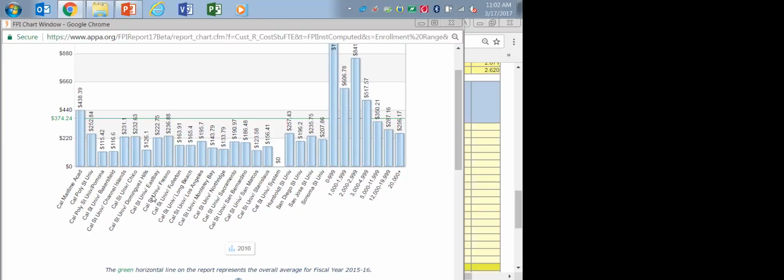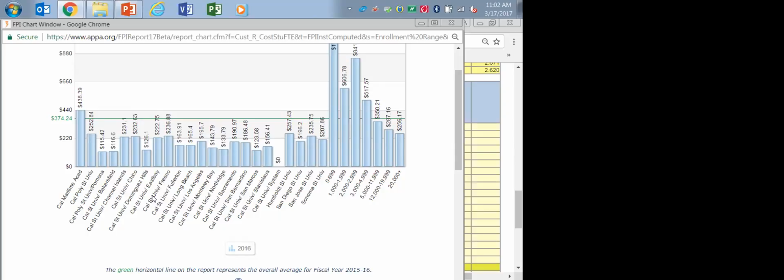You look at your campus and look at what average you're spending for custodial, and this is one of those really impactful density numbers. And custodial is one of those groups that's heavily impacted by the student population on campus.